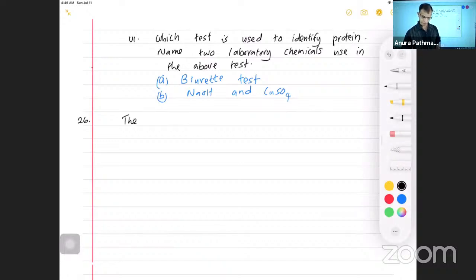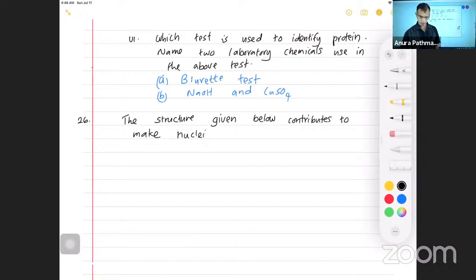The structure given below contributes to make nucleic acids.